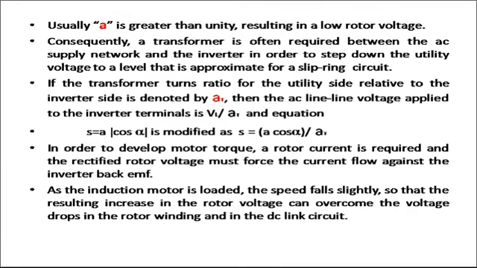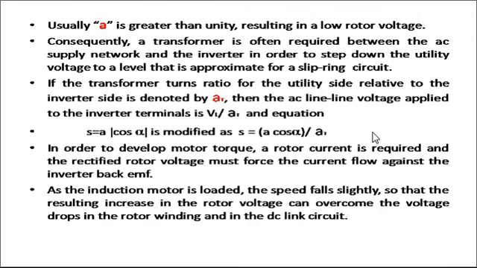Further, usually the value of A is greater than unity, which results in low rotor voltage. Consequently, a transformer is often required between the AC supply network and the inverter in order to step down the utility voltage to a level that is appropriate for the slip ring circuit.